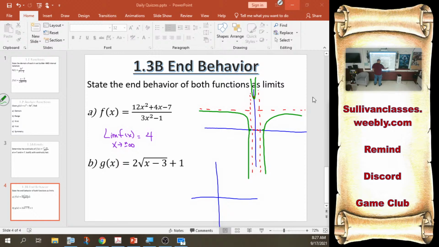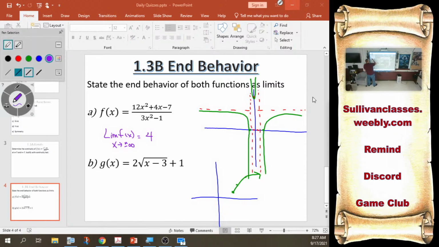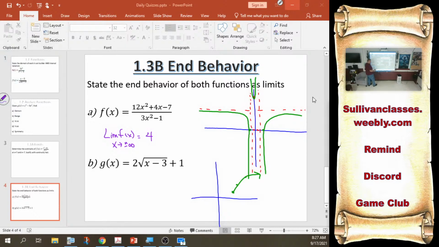So it's going to start right here and then go up 2 over 1, up 4 over 4, and head off into the wild blue yonder like that. We know that the limit of g of x as x goes all the way to infinity is infinity. But how do I write the left end behavior?